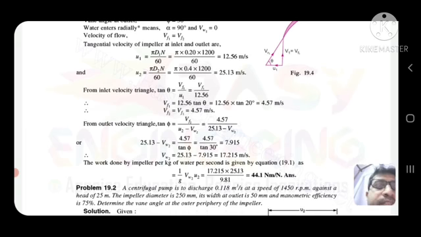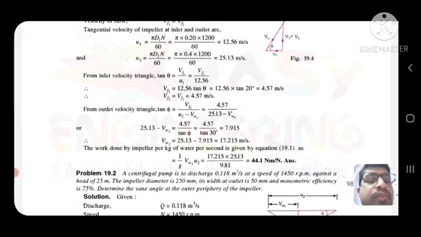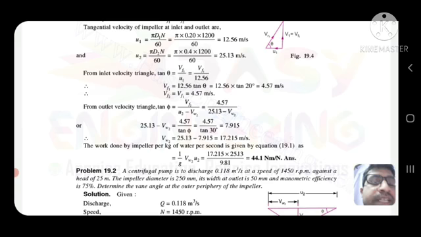So 25.13 minus Vw2 is equal to 4.57 divided by tan phi, that is 4.57 by tan 30 degree, equal to 7.915. Vw2 is equal to 25.13 minus 7.915, so that is equal to 17.215 meter per second.